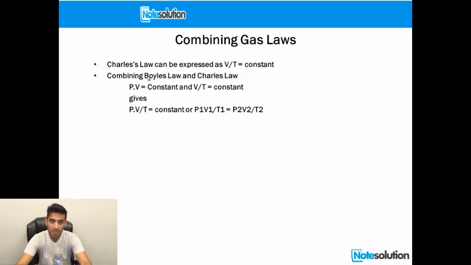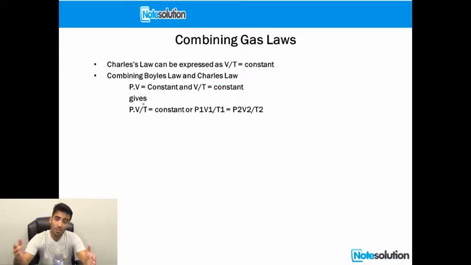Let's, for example, start with Charles' law. Charles' law can be expressed as V over T equals a constant. Now, if we combine Boyle's law and Charles' law, Boyle's law is P dot V is constant, so pressure multiplied by volume gives us a constant. And V over T, which is Charles' law, gives a constant.